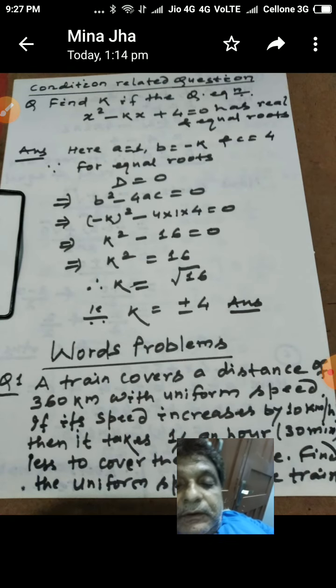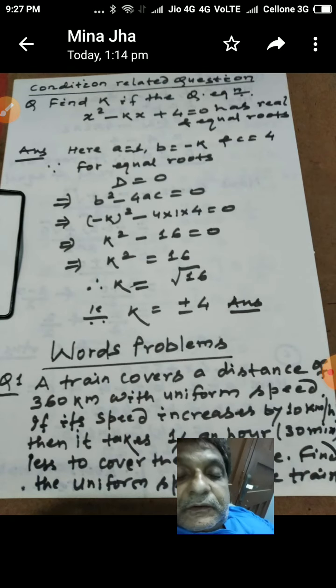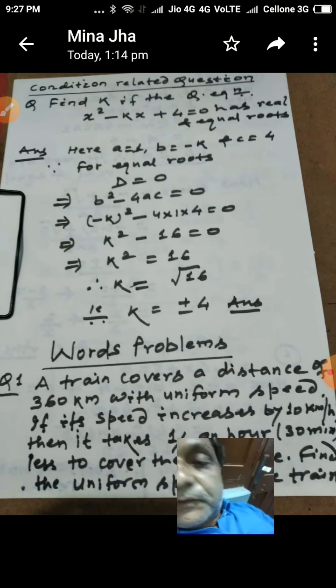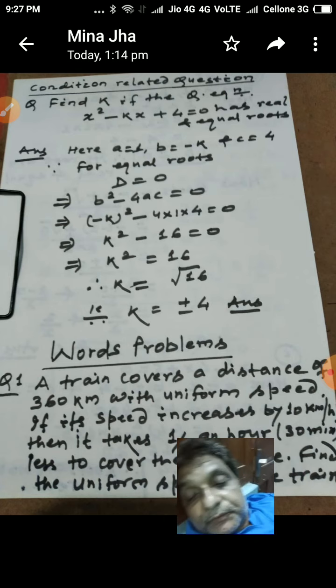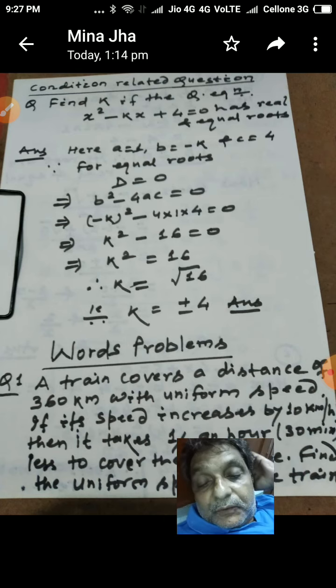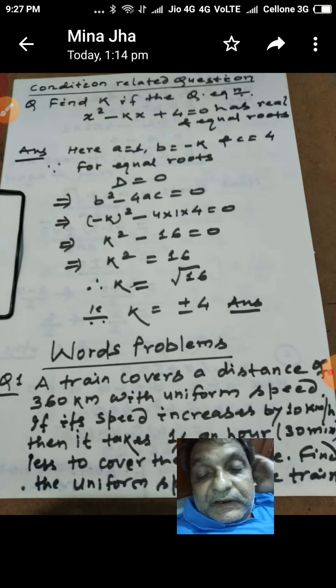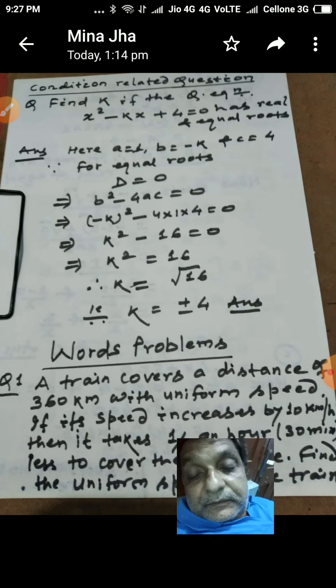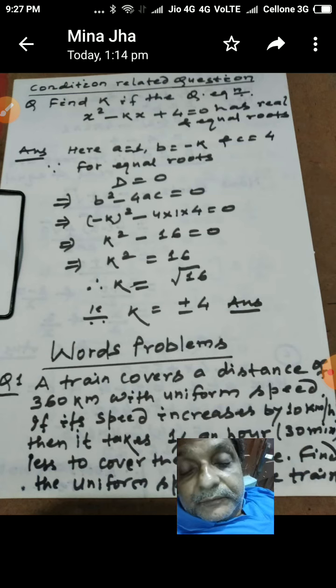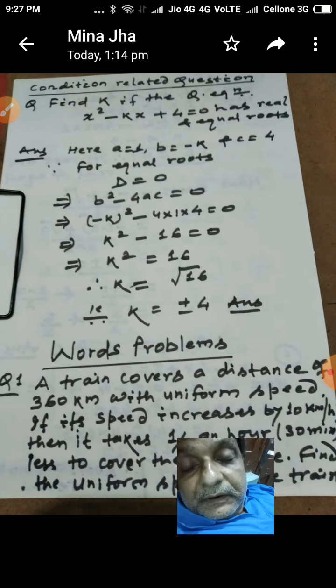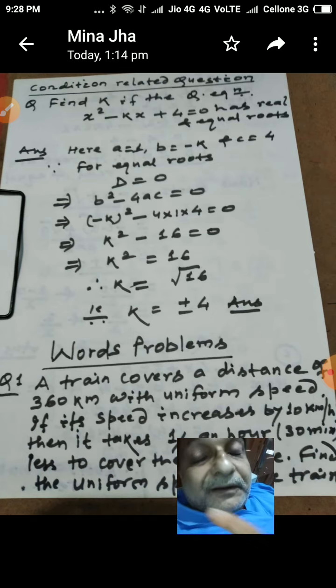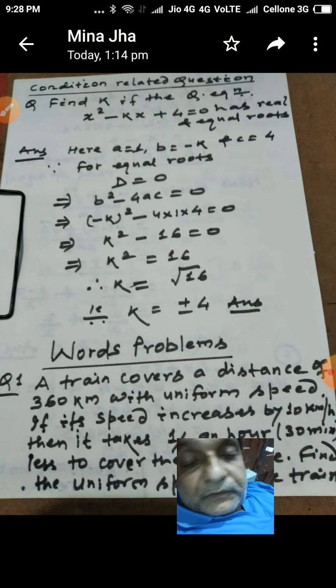Okay student, so see, this is called a condition related question, where we have to find the unknown quantity, say k or p, which is given in the quadratic equation, and we have to find that unknown quantity, either it is k or p, when a condition is mentioned in the question.